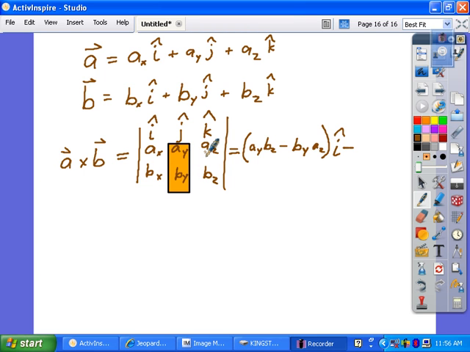minus BX AZ. I'm going to draw this underneath just because I'm running out of room to the right, but standard notation would be going straight across here.